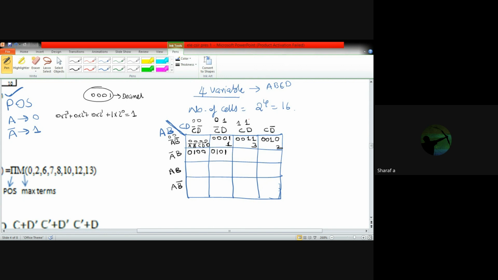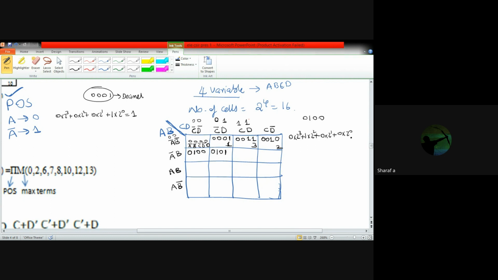What is 0 1 0 0? I will just write here 0 1 0 0. Multiply from the last digit: 0 into 2 raised to 0, plus 0 into 2 raised to 1, plus 1 into 2 raised to 2, plus the last one, 0 into 2 raised to 3.